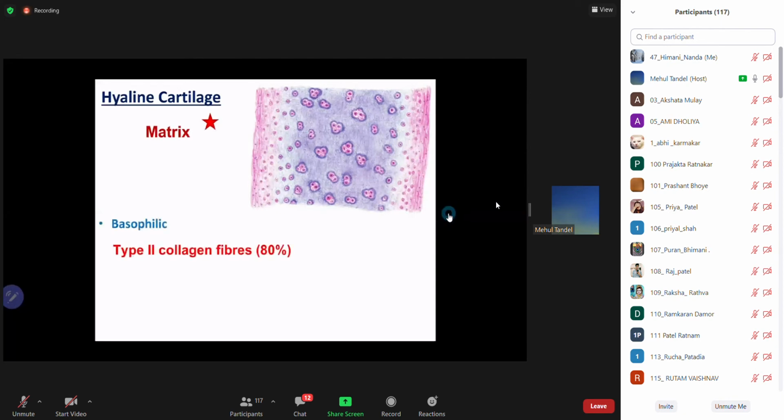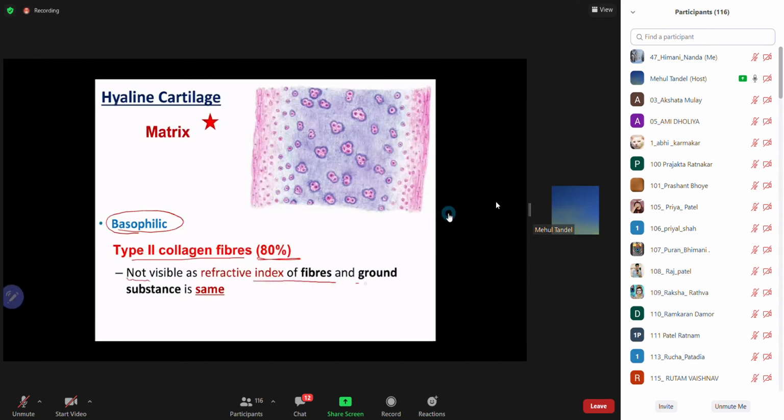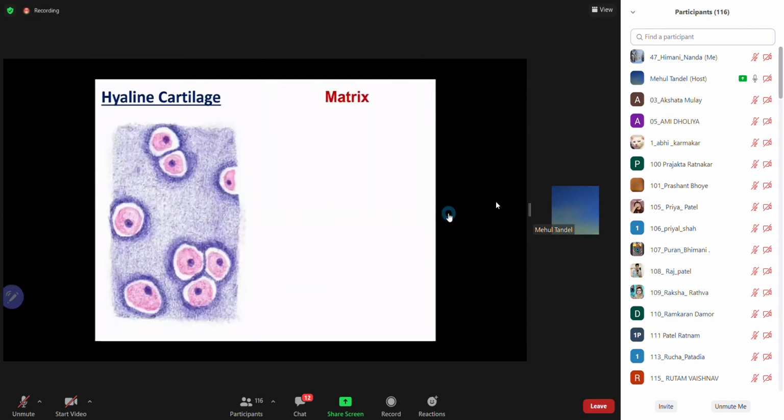Then the matrix is basophilic and contains mainly type 2 collagen fibers. It is not visible because the refractive index of fibers and ground substance is the same, so the matrix is homogeneous and transparent. This is also an identifying feature of hyaline cartilage. There are three types of matrix.